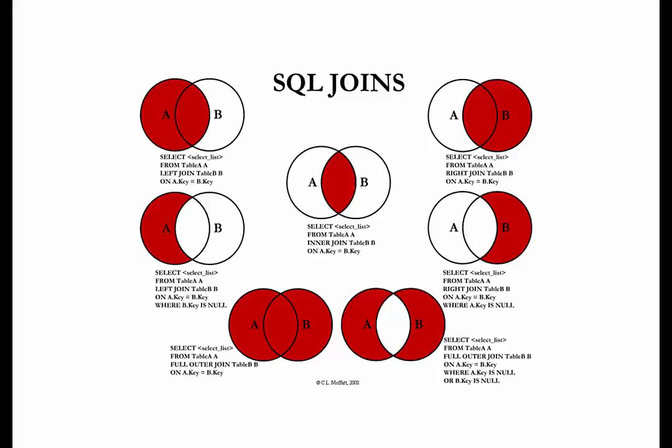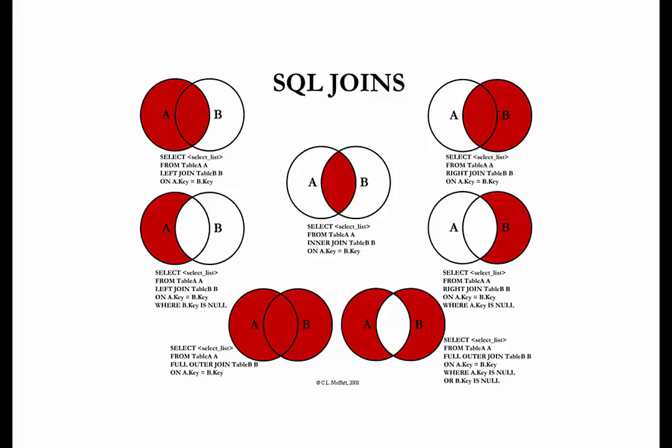Okay, so an inner join is this. We want the tuples in A that also match, where the joining fields match those in B. So we get the intersection of those 2 tables, where table A and table B both have rows with the same values in them.